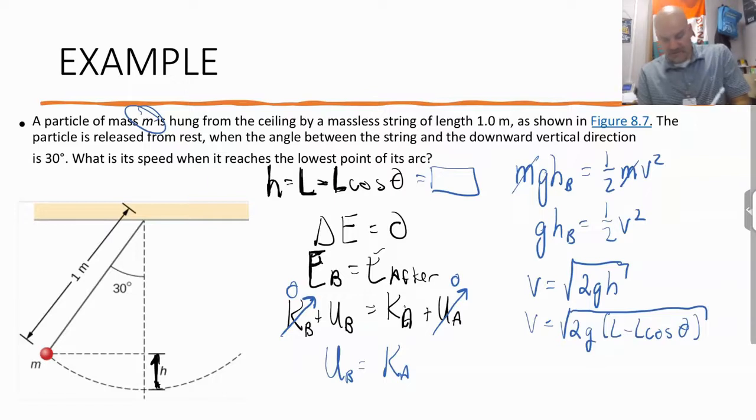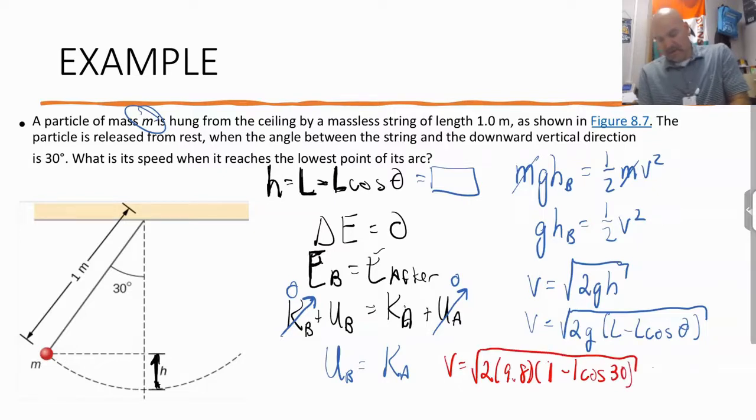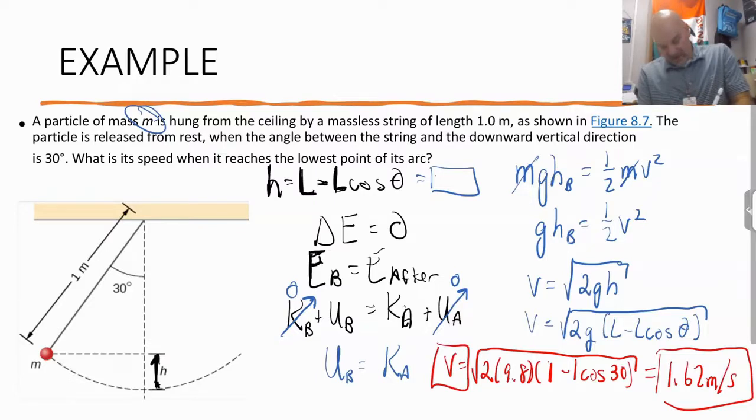Substituting our numbers, v equals the square root of 2 times 9.8 times 1 minus 1 cosine 30. That gives a speed at the bottom of 1.62 meters per second. If you did find h before, it is 0.134 meters when you do 1 minus cosine of 30.